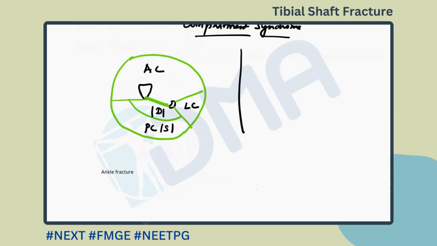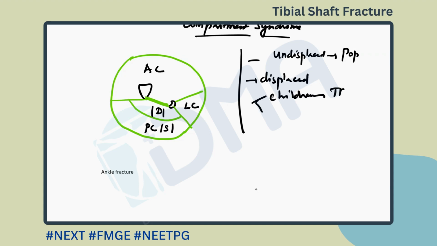Now, how do you treat a tibial shaft fracture? If it is an undisplaced fracture, you can treat it by POP. If it is a displaced fracture, in children you can treat it with TENS nailing, whereas in adults you can treat it with intramedullary interlocking nailing.